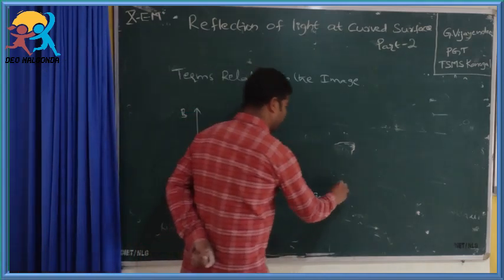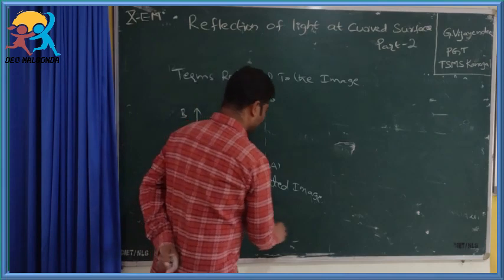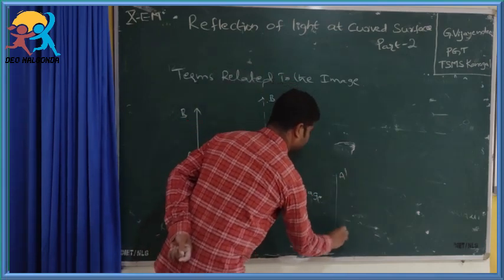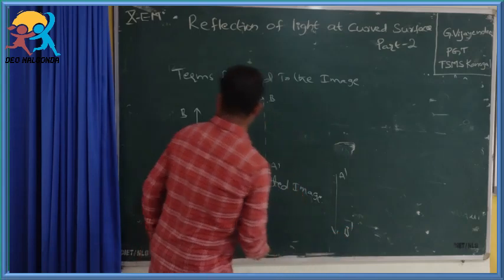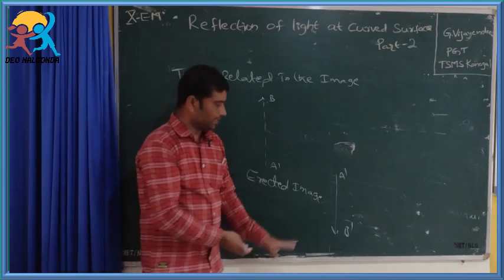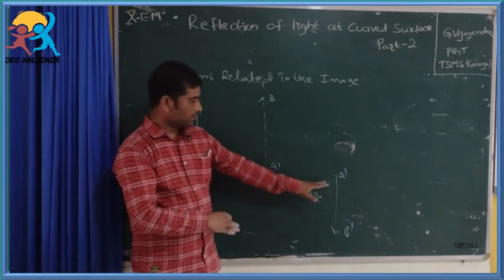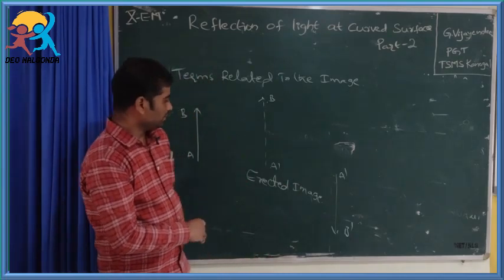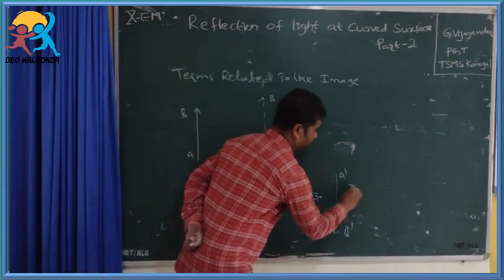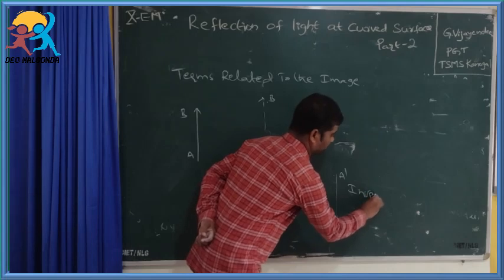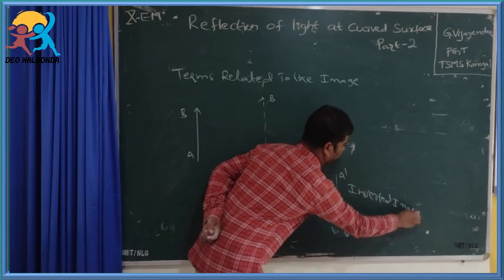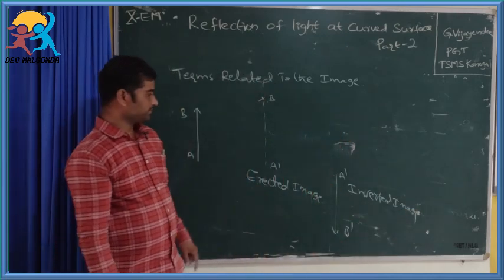If the image is formed in the opposite direction, that is A dash B dash, where the object AB is in the upward direction but the image is in the downward direction, it is opposite. This type of image is called an inverted image. Erected image and inverted image.